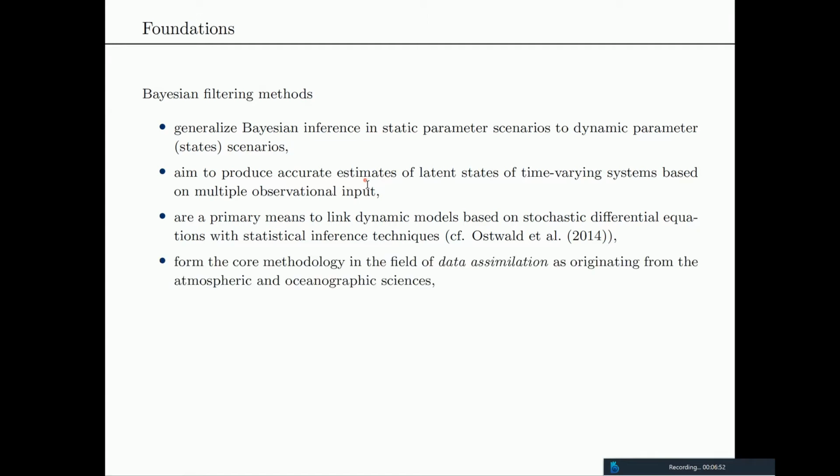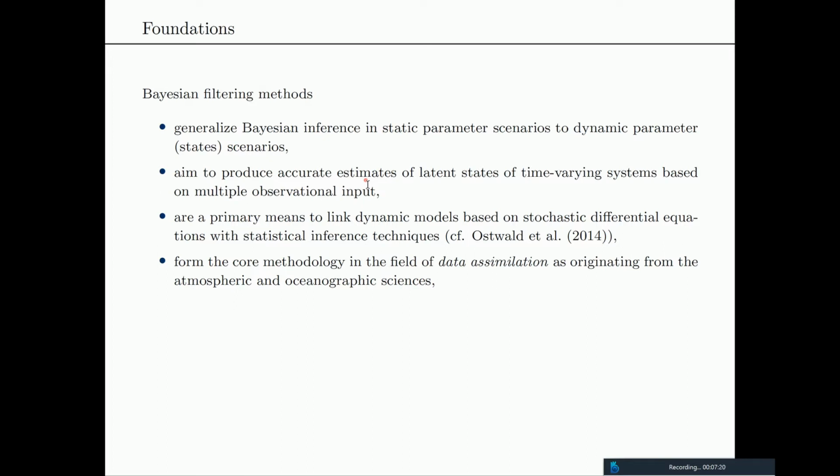Another name under which you actually find Bayesian filtering is data assimilation. You might know that there's a Sonderforschungsbereich on data assimilation here at Potsdam University. So data assimilation is Bayesian filtering, as they call it in the atmospheric and oceanographic sciences.